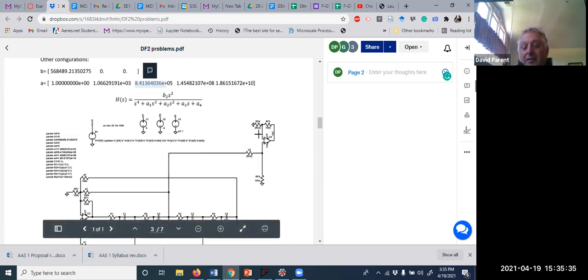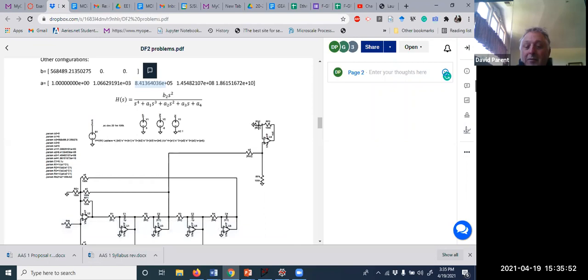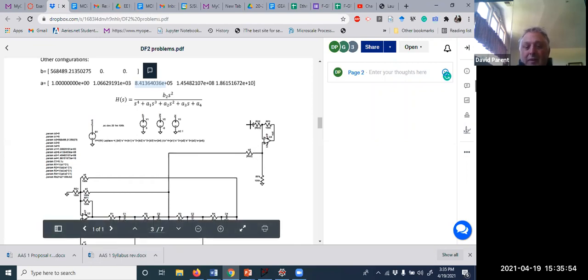Now, this looks like a non-inverting summer, right? I have a signal coming in, and then I kind of have a dummy on the negative side. But really, there is no other signal that I'm adding.